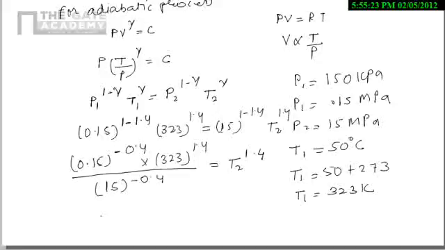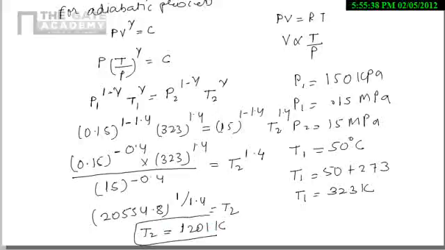So now I can easily get 20554.8 to the power 1 by 1.4 is T2. And if we calculate it, T2 will be 1201. So the correct answer, the final temperature T2, is 1201.